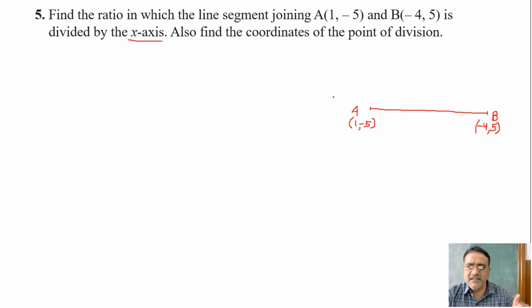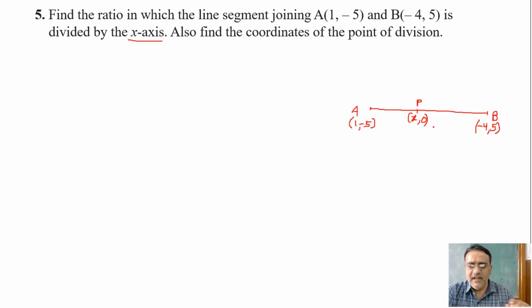Okay, and it is divided by x-axis, and we know that in x-axis which coordinate is 0? Y coordinate. Very good, y coordinate. So it is in the form of x0. The point on the x-axis is in the form of x0. अगर यहीं पे अगर y-axis दिया होता तो x coordinate is 0 for y-axis.